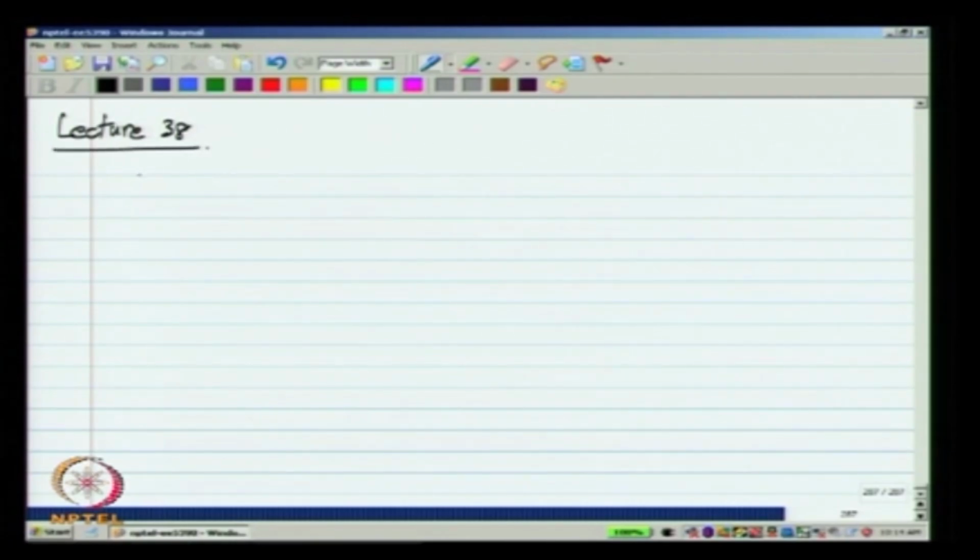Now, our two stage op amp looks like this.